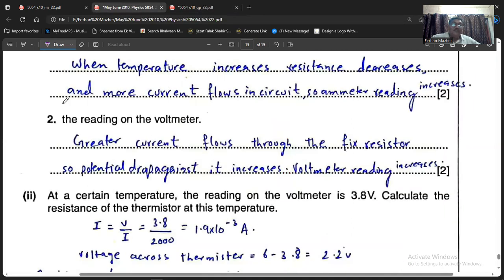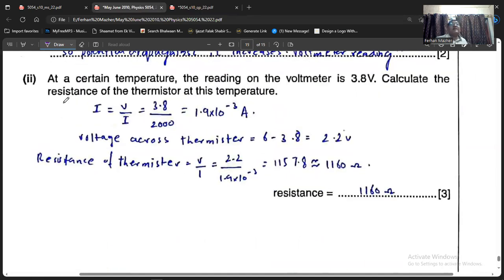Let me show you. First of all, we calculate the current flowing through the fixed resistor. I equals V by R, 3.8 divided by 2000, and that will be 1.9 × 10^-3 ampere. Because the thermistor and the fixed resistor are connected in series, the EMF of the battery is 6 volt and the voltage drop on the fixed resistor is 3.8 volt, so the voltage drop on the thermistor will be 6 minus 3.8, that is 2.2 volt.